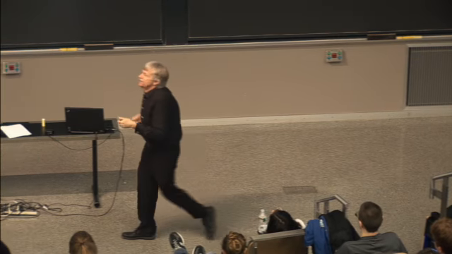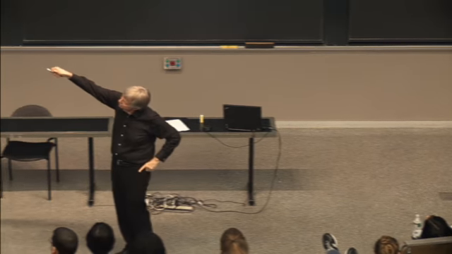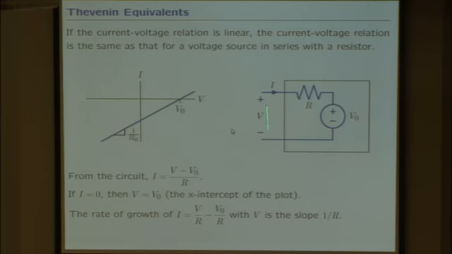It's not the case that if I change the thing that I put here, this relationship is still true. It's the equivalent of Ohm's law for a complicated circuit. Ohm's law is what I get if what's in the box is a single resistor. If what's in the box is complicated, more generally, this is what I get, the Thevenin equivalent.